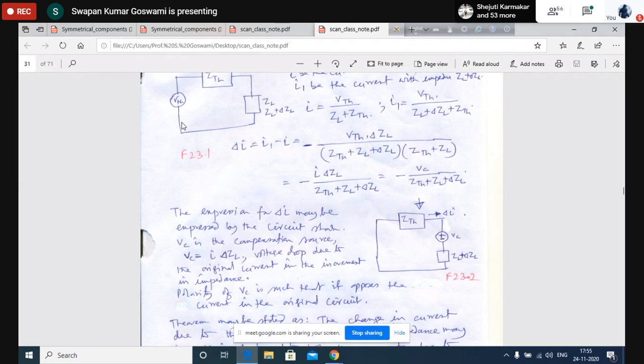Now you have to examine what will happen if a particular branch, you are designing a circuit basically. So for that reason you have solved the circuit first, and now you want to check what will be the effect if a certain branch impedance is either increased somewhat or decreased somewhat. Then this theorem will be applicable here. It will be important to understand that condition. You want to check what will be the effect of the modification of a circuit branch.